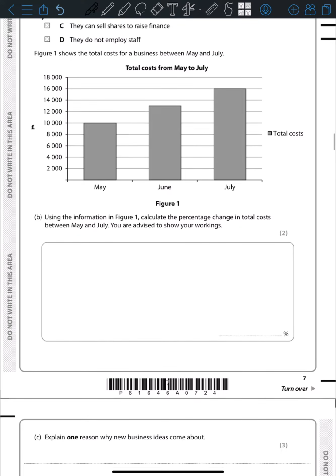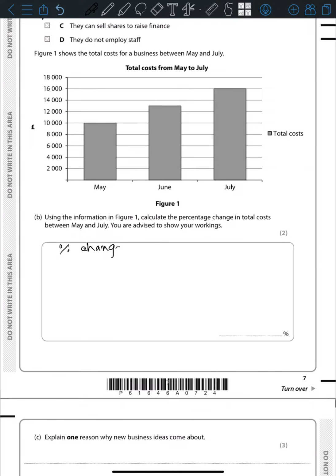For part B, we have this graph of total costs for May, June, and July. And we are asked to, using the information in figure 1, calculate the percentage change in total costs between May and July. So percentage change, the formula is for any sort of percentage change.